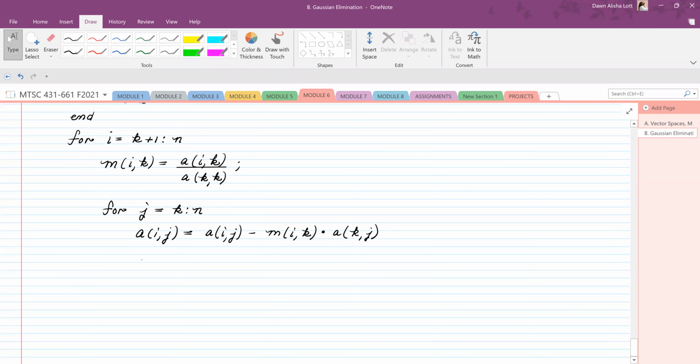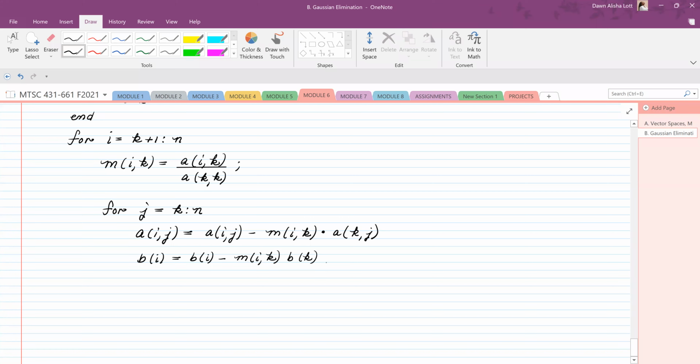And then bi, I'm sorry, I feel like that should be, why is that bi? Let me check that. This is what's in my notes, but I'm feeling kind of not right here. Minus mik times bk.